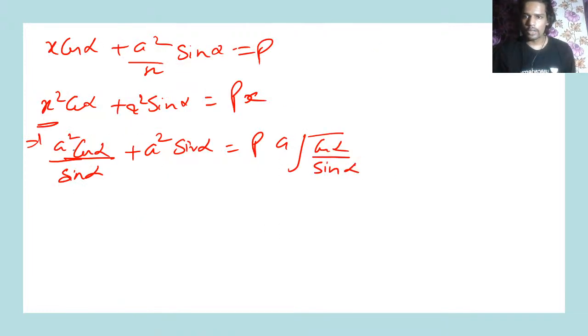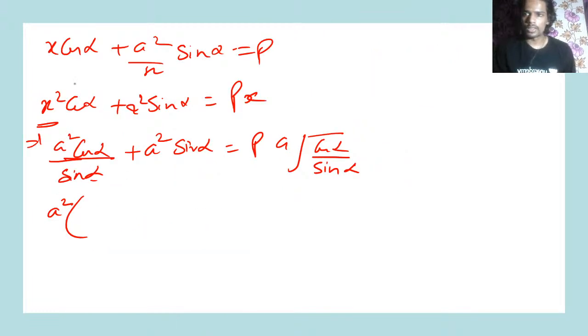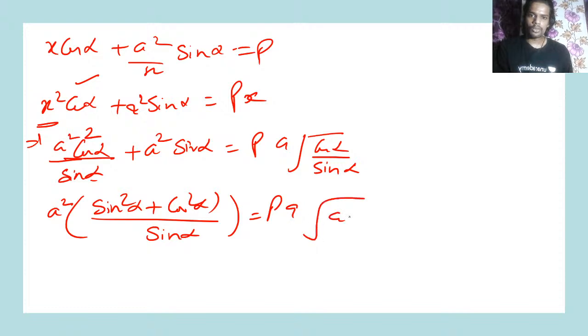Now let us try to solve it once again. If you take a square common, this will become sin square alpha. There should be cos square alpha now. There is a cos alpha here and there is a cos alpha here, so it will be cos square alpha. So it will become sin square alpha plus cos square alpha upon sin alpha. This is equal to p a root cos alpha upon sin alpha. Now see, this is 1.